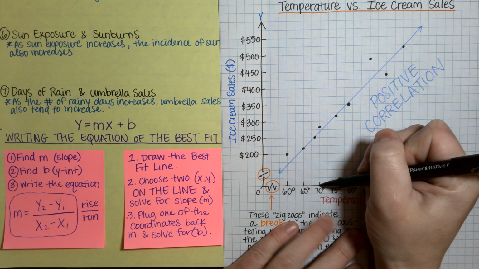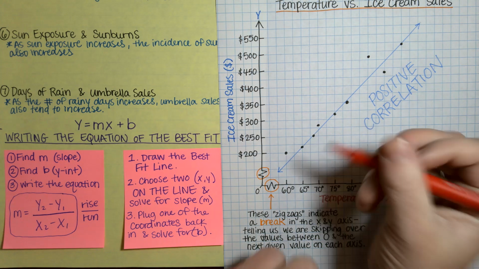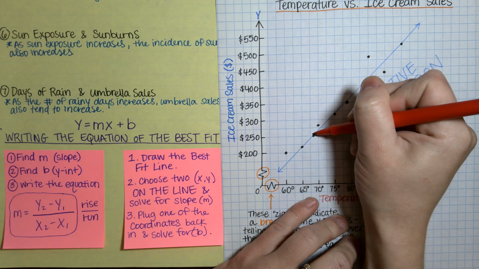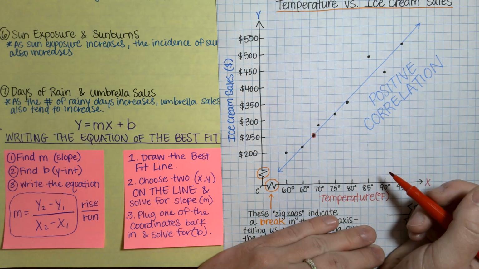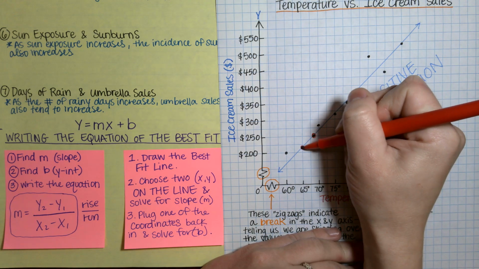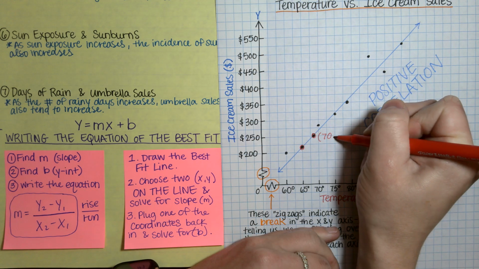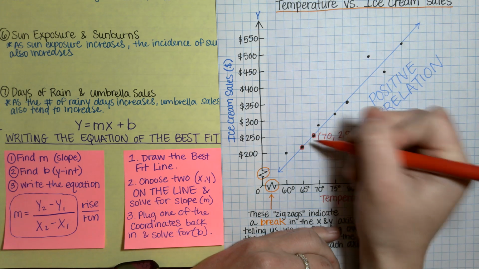Okay, so 70, let me use a color. 70 to 80. So about here. Yep, we're going to use this one. And what's the other point you used? 65 to 30. Yeah, those are 2 great points that we could use. So I'll label those. 70 is my x and 280. I didn't do the right one.